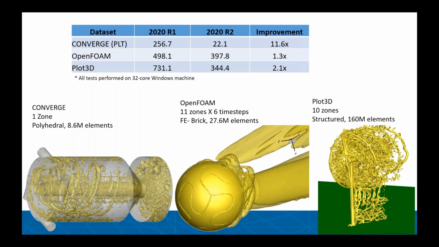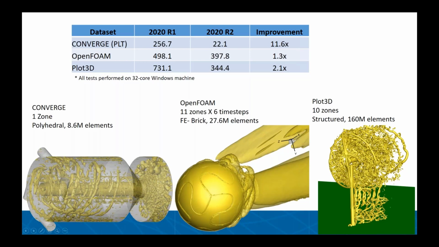So like I said, we were already multi-threaded over zones. So you definitely had some speed there, but we've improved it by about 30% here by threading within a zone as well.